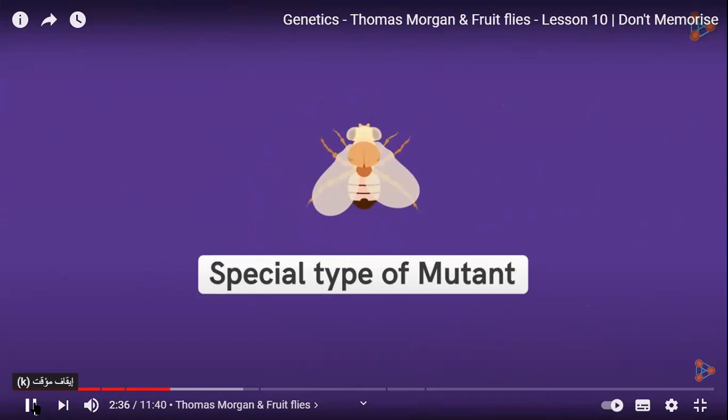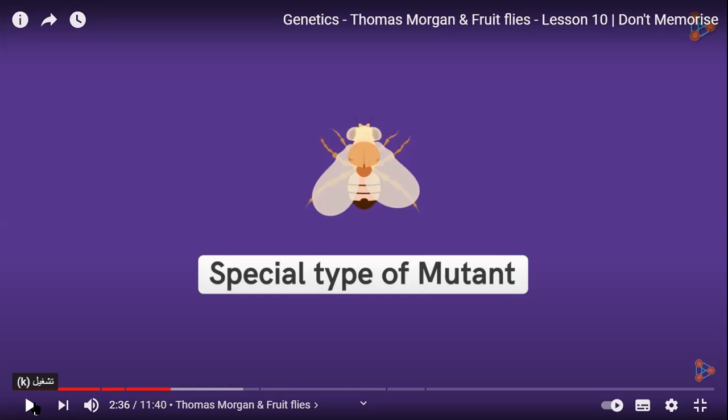What did he do? He was growing flies, of course, doing experiments on flies. One time he found a fly with white-colored eyes. Usually they are red-colored eyes. So he saw that this is a type of special mutant, meaning a mutation, something strange happening.